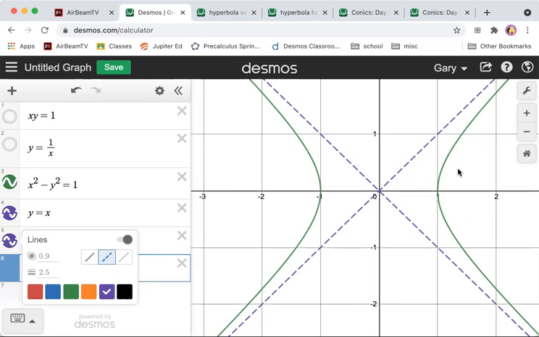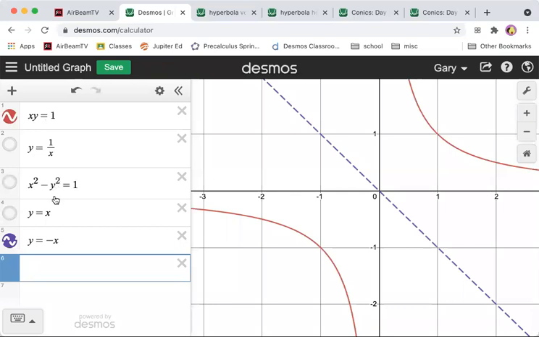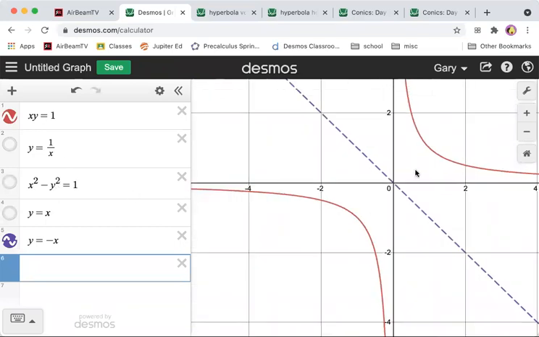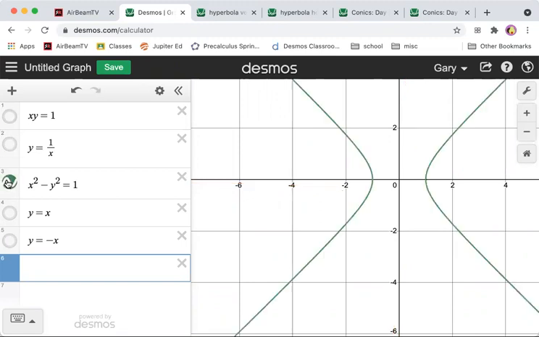Remember, our original hyperbola was symmetric with respect to the line y equals negative x. Whereas this one is symmetric with respect to the x-axis. It has different asymptotes.